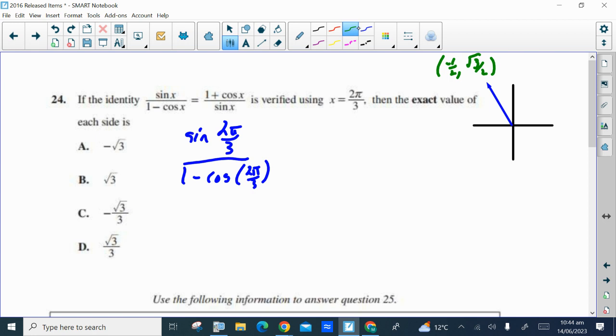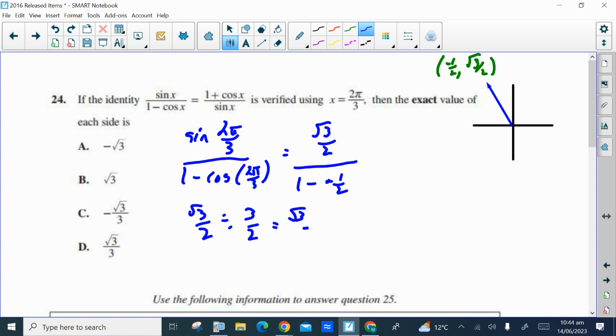So the sine of 2 pi on 3 is root 3 over 2. And that's divided by 1 minus the cosine of 2 pi on 3, which is negative a half. So that'll be root 3 on 2 divided by, the minus minus becomes a plus, so that'll become 1 plus a half, or 3 halves.